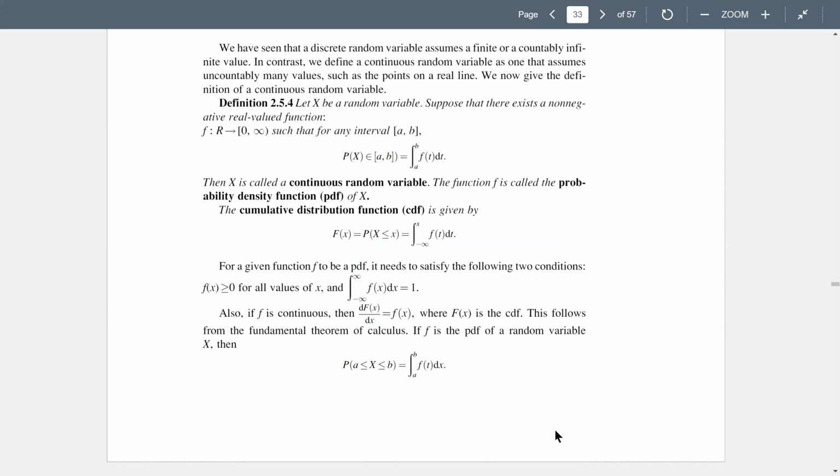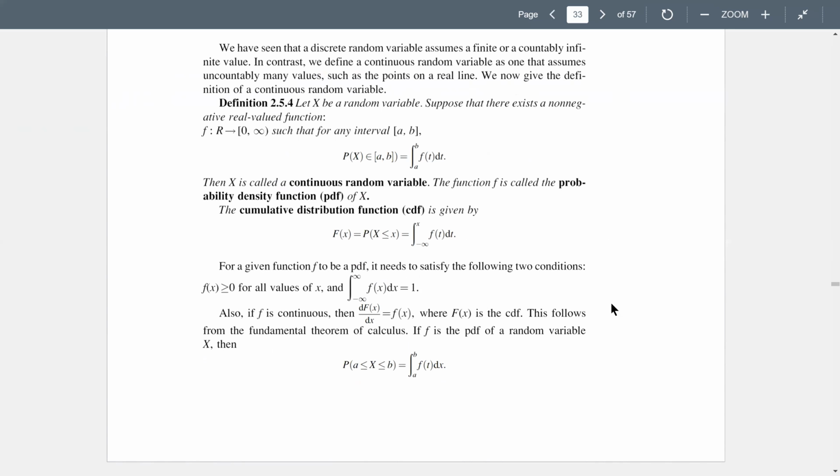Because there is no gap, if you look at it with a microscopic view, you will still see, even though they are continuous, that they are made of infinitesimally thin rectangles, and with that you can construct a continuous distribution.